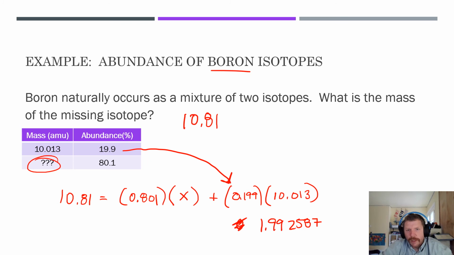What I'm going to do with that is subtract that from both sides. So now I've got 10.81 minus 1.992587, and that's going to be 8.817413.